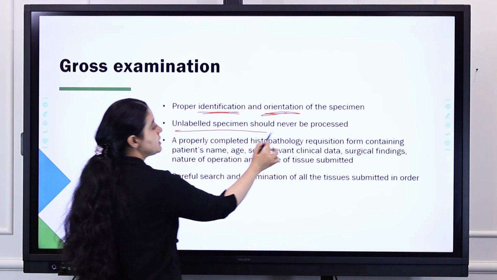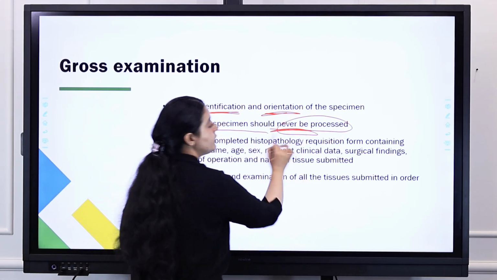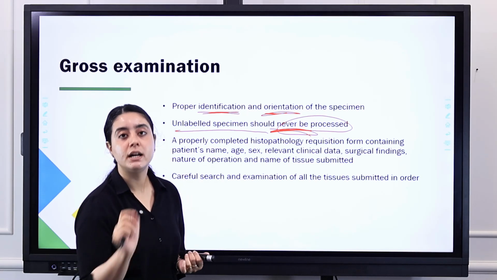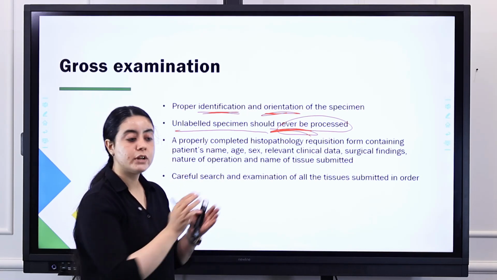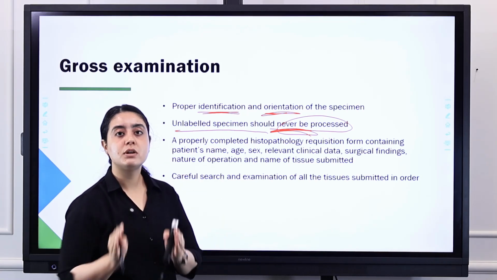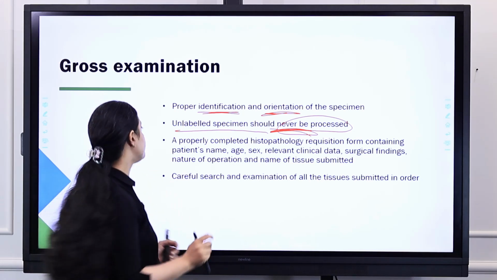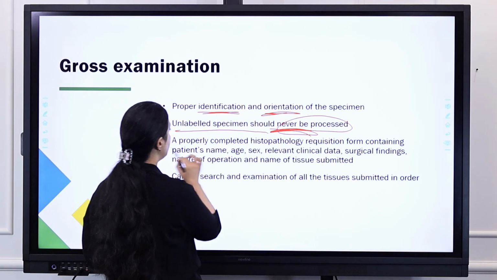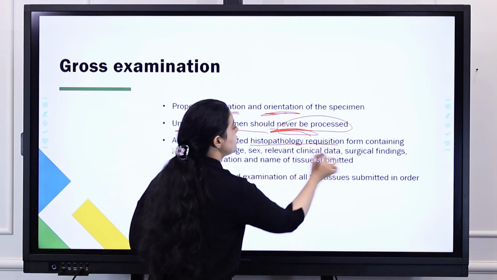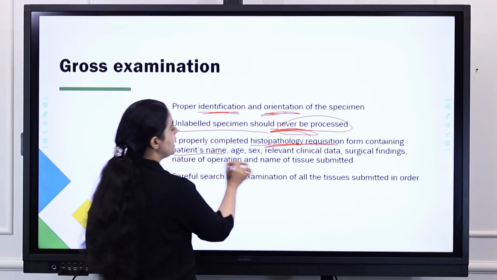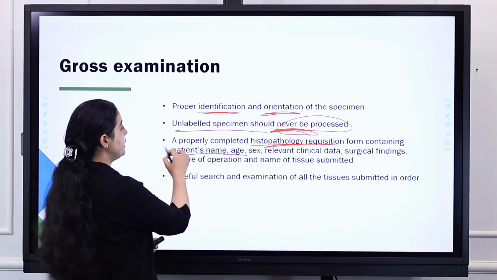Unlabeled specimen should never be processed; you should never process any kind of specimen which is unlabeled. If there is no requisition form and if there is no gross examination, that kind of specimen will never be processed, right?